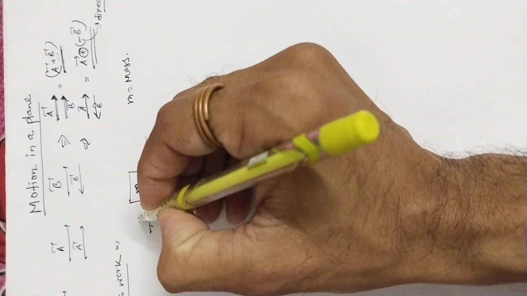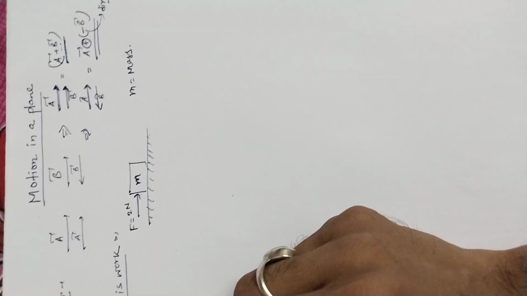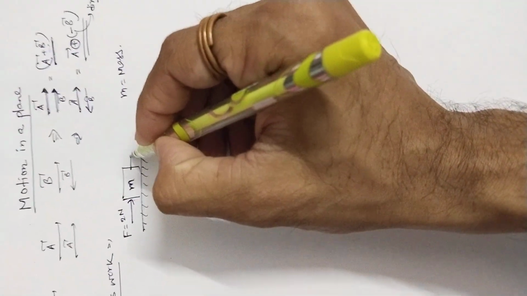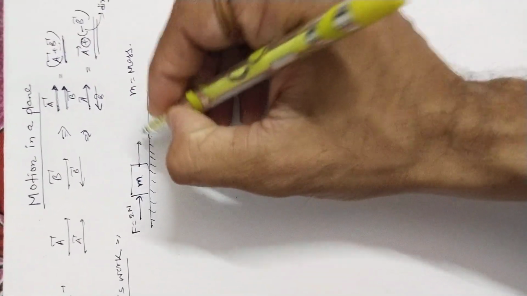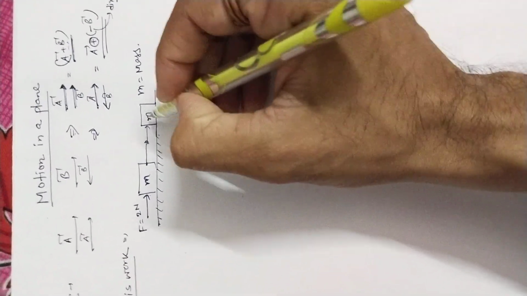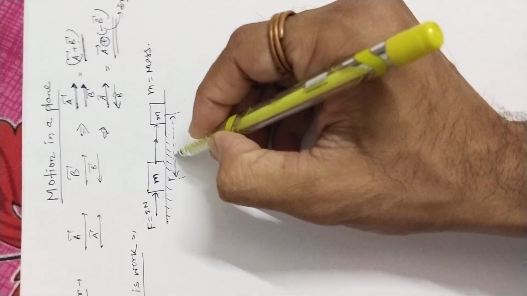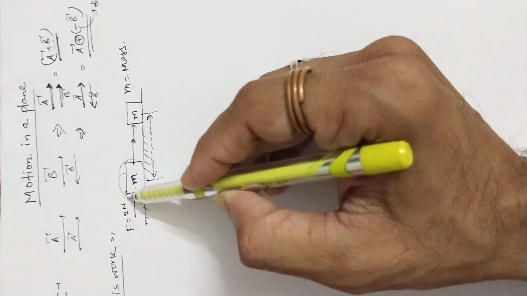If I apply the force F equal to, suppose, 2 Newton, it changes its position and comes here, changing its position from the origin. So as an observer I see, suppose it is the block of mass m.